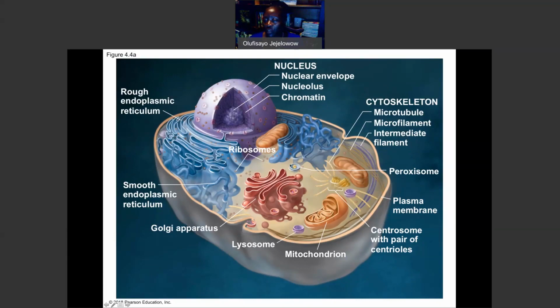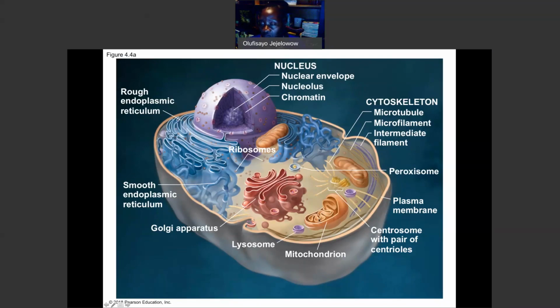Peroxisomes help to detoxify peroxides in the cell. Golgi apparatus. Notice the flat membranes, almost like pancakes. Lysosomes contain lytic enzymes. Lytic enzymes help to lyse cells. Lysis means to break into pieces, break them and digest.